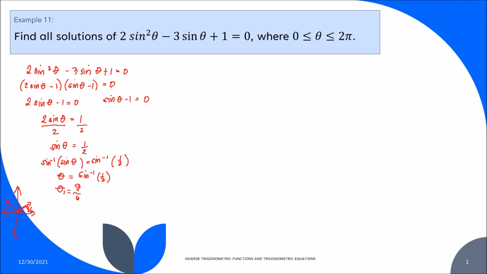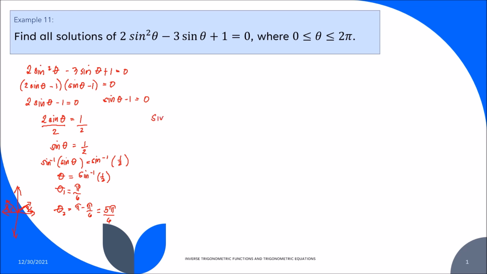So that is using the reference angle pi over 6 on the second quadrant. So another solution would be pi minus pi over 6. So that is 5 pi over 6.